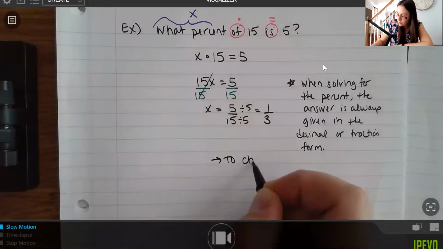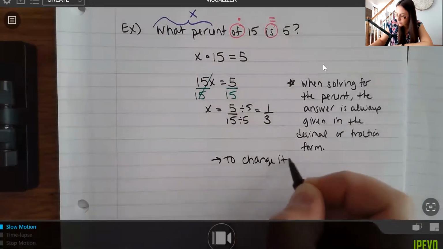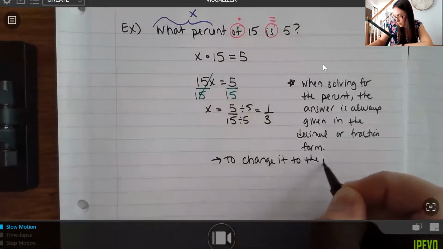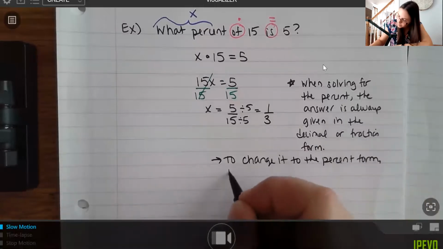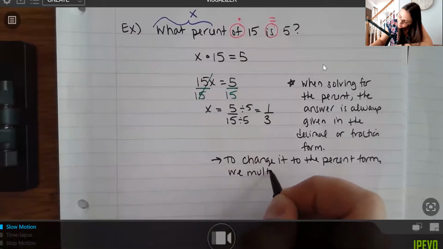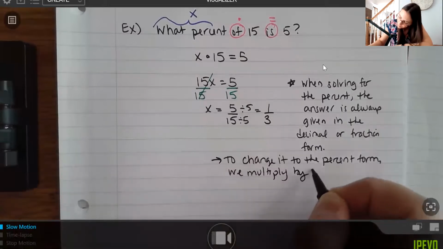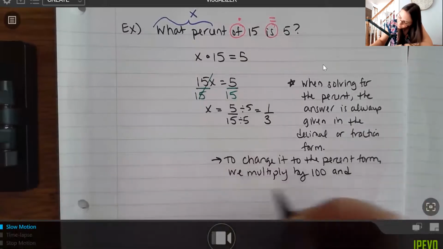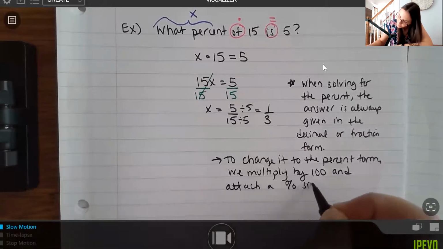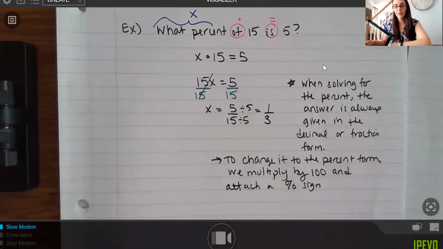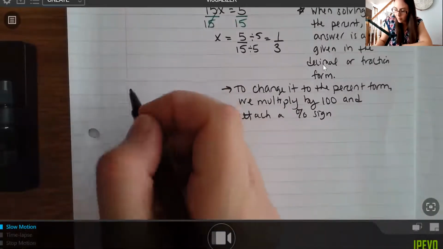To change it to the regular percent form, remember, we multiply by 100 and attach a percent sign. So I'm going to take that 1/3.